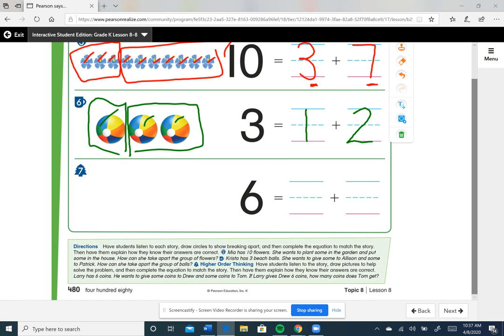So I'm going to draw this one a little different. I'm going to draw my 6 coins. 1, 2, 3, 4, 5, 6. Because that's how many we know we have in total, right?